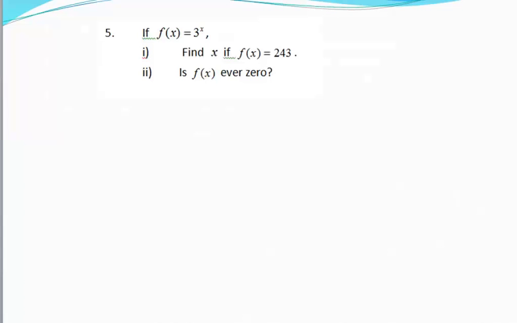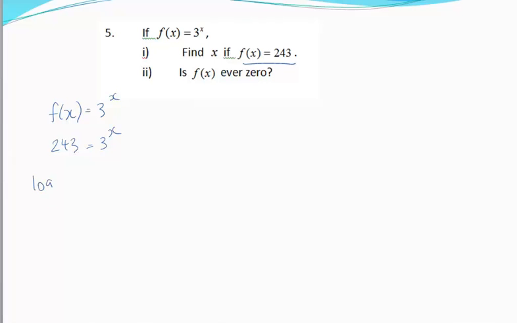So our next question is a little bit more complicated, and it's going into our logarithms, which we get to later on. But here we could use a trial and error method, but we're going to go through here. So here we've got our function of x is 3 to the power of x here. And so the way we go through here, we want to find, well, function of x is 243. So we're saying, well, 243 is equal to 3 to the power of x, and we want to find x.